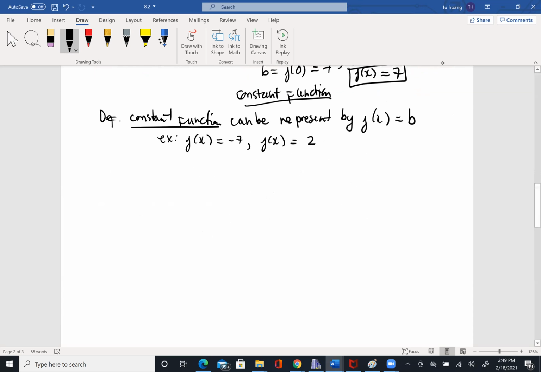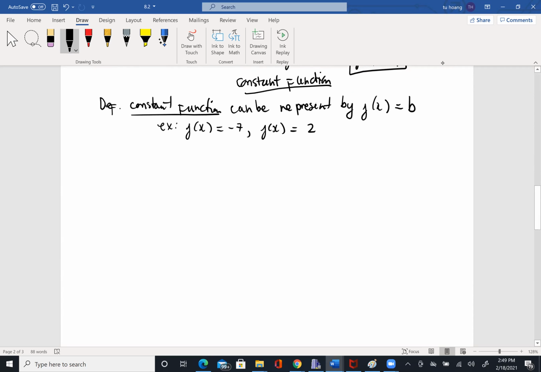Let's have another example. Example 3: graphing a linear function by hand.